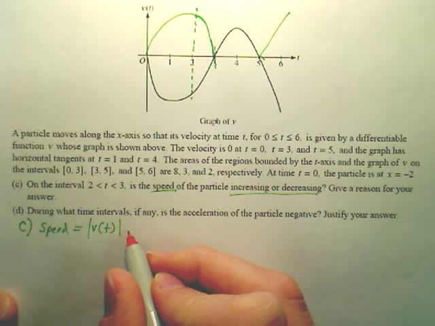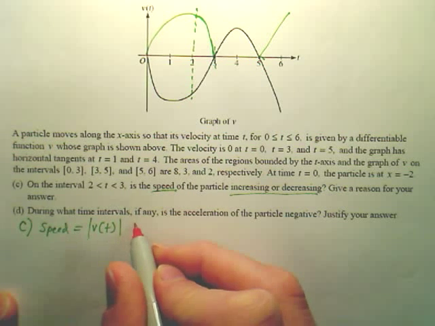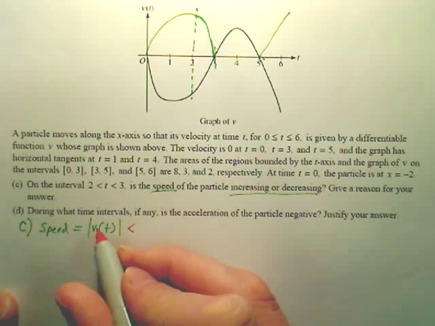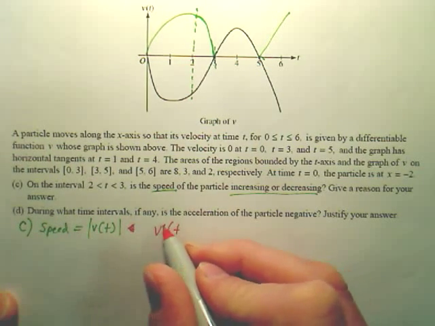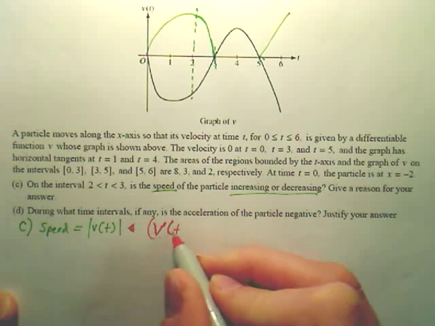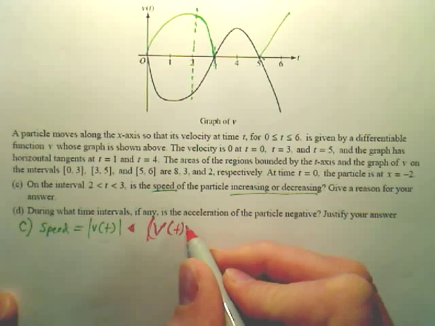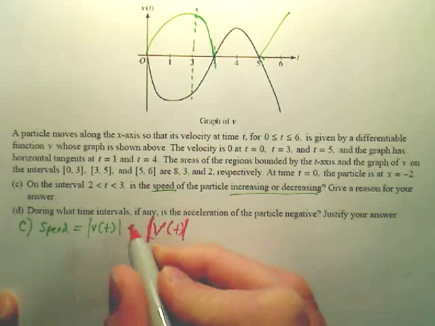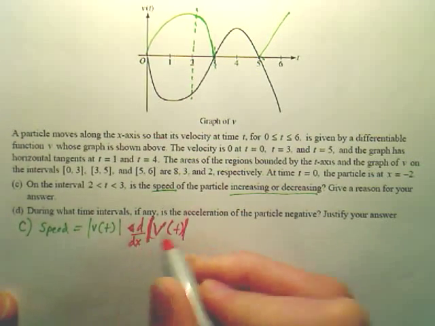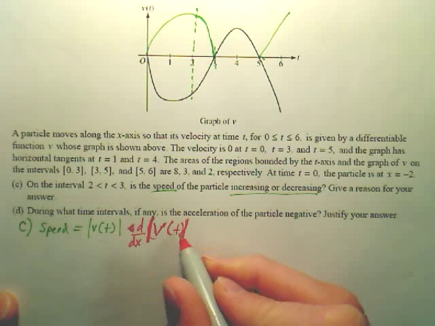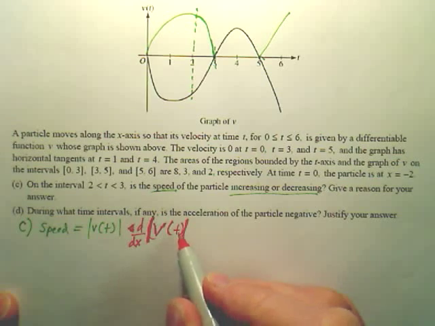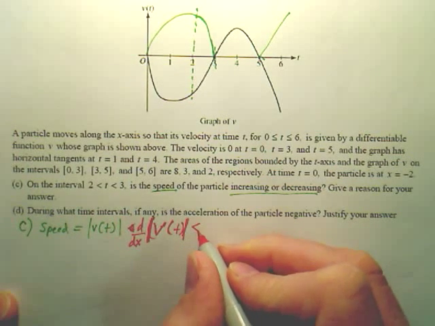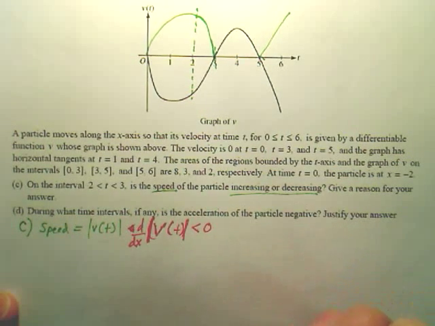Okay, sorry. Isn't the derivative of the absolute value of velocity less than 0?